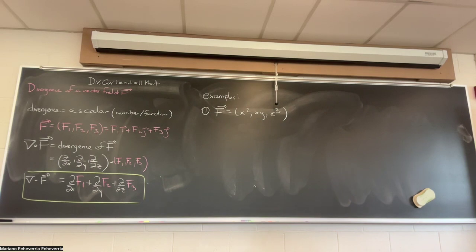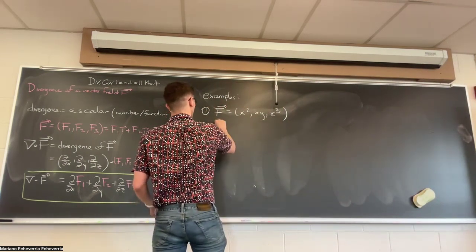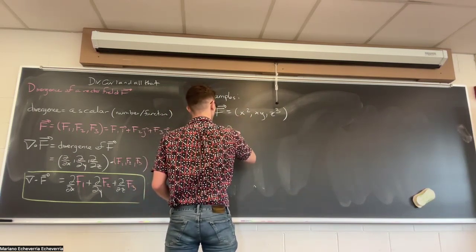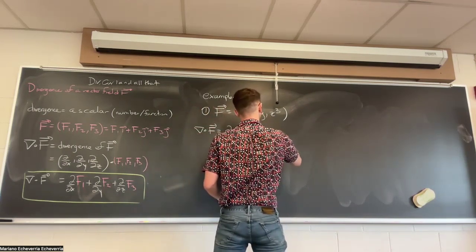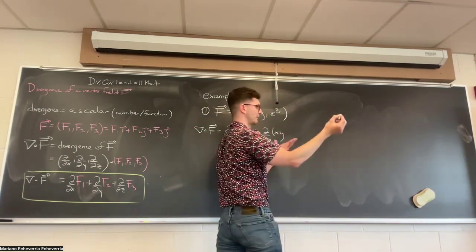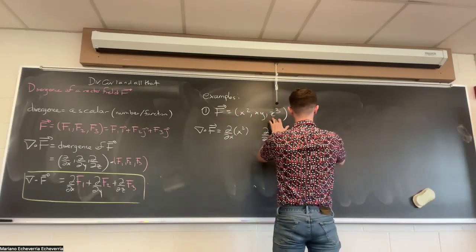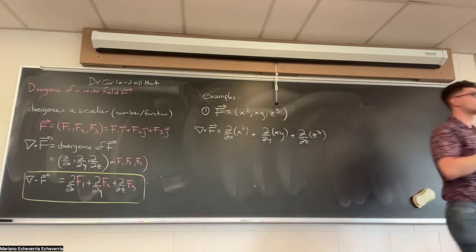What is the divergence? The divergence is just: take the partial derivative of the first entry with respect to x, take the partial derivative of the second entry with respect to y, so it's more or less alphabetical. And then take the partial derivative of the third entry with respect to z, and add all of those things together.